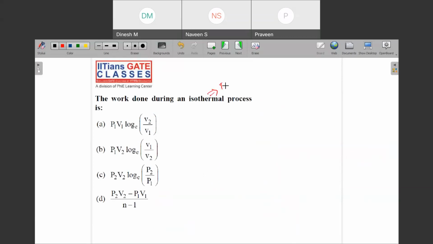So the integral of PdV, where P we wrote in the form C upon V dV, was C into ln V2 upon V1. We have to be careful about this data: C was either P1 V1 or P2 V2.